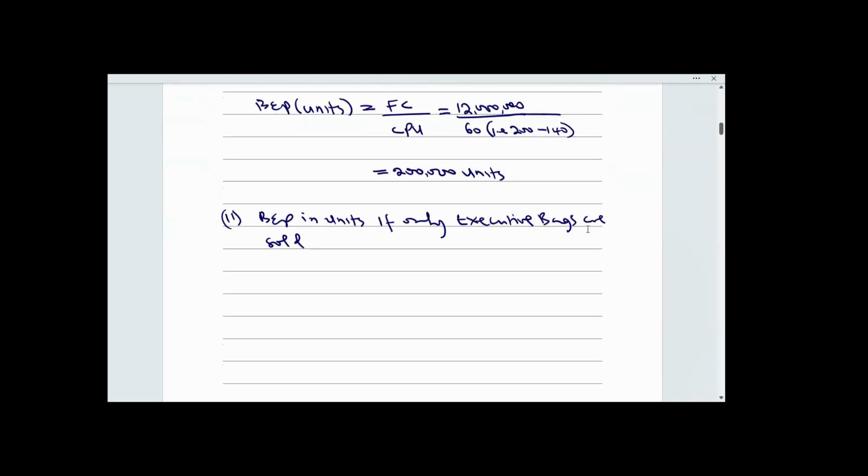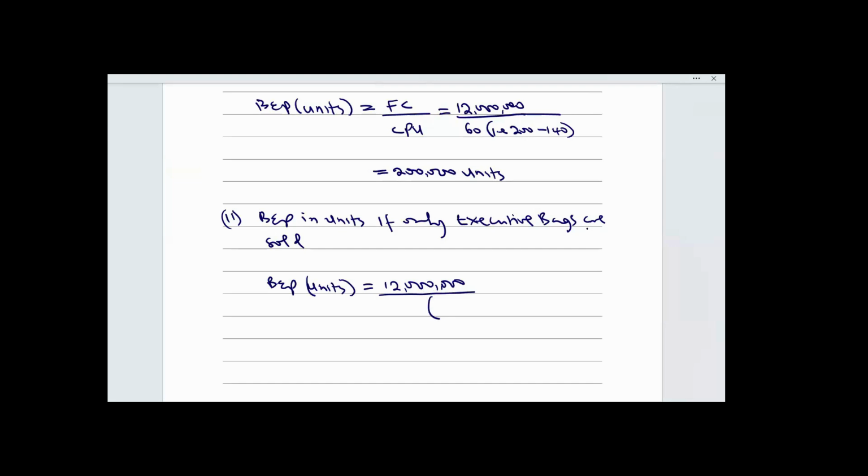So in this case, the break-even points in units will be computed as fixed cost of 12 million naira divided by contribution per unit of executive bag.